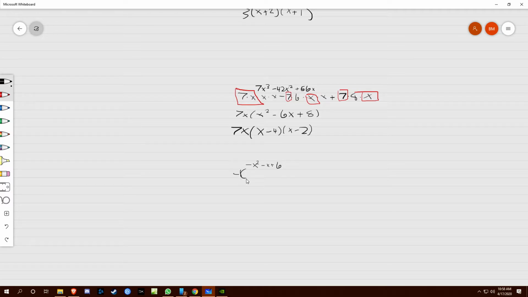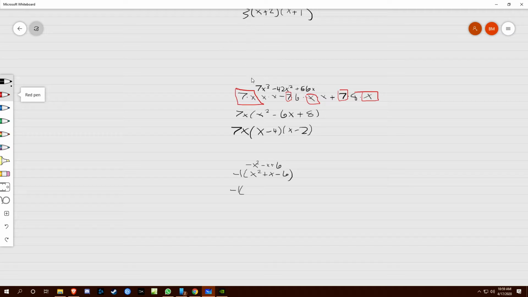And when I factor out a -1, all I'm doing is changing the signs for all the terms. So this was a negative, became a positive, this was a negative, became a positive, this was a positive, became a negative. And then this is again traditional factoring. That -1 stays out in front.